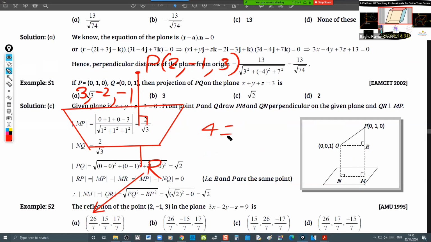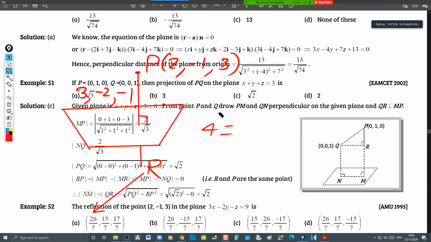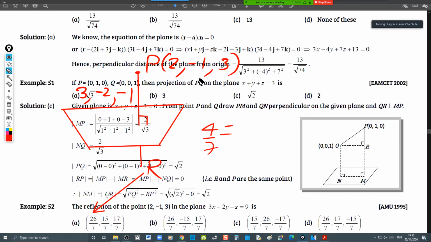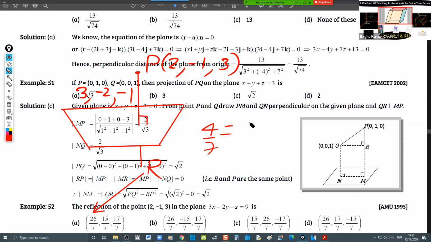So minus 15 plus 7 means minus 8. Yes, sir, minus 8. And we missed the 7 here. So minus 8 by 7 by minus 2, so 4 by 7. It is correct.